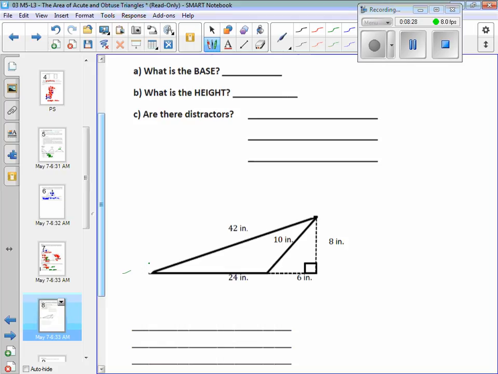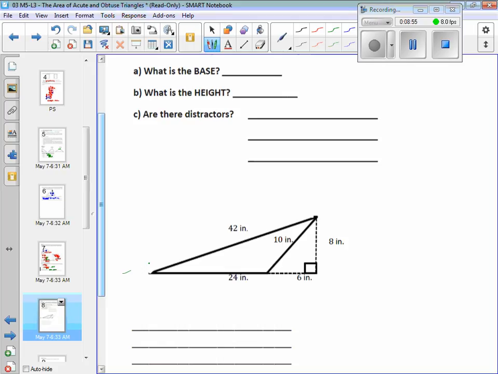How many say 30? Something else. How many say 42? Something else. How many say 24? See how we're all over the place? This is the hardest part. If you do what I tell you, forget the dotted lines right now. The base of the triangle is 24.